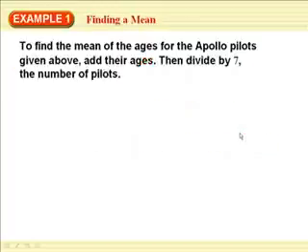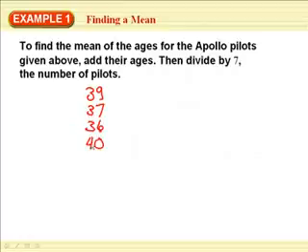So let's take a look at example 1, finding a mean. To find the mean of the ages of the Apollo pilots given above, add their ages, then divide by 7. Which is the number of pilots. So if you look up there, there were a pilot who was 39, a pilot who was 37, a pilot who was 36, a pilot who was 40, a pilot who was 41, 36, and 37.